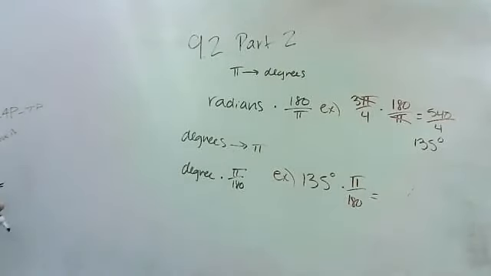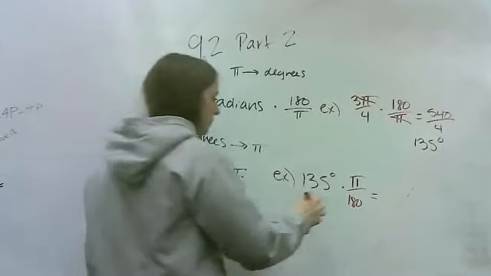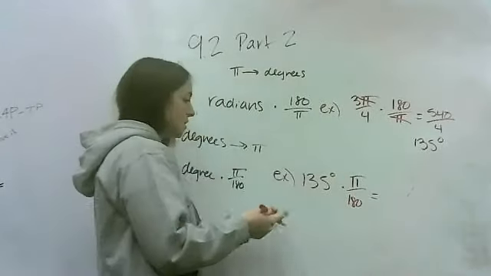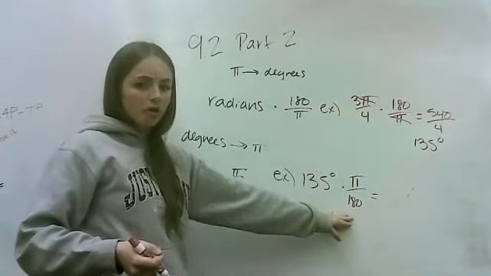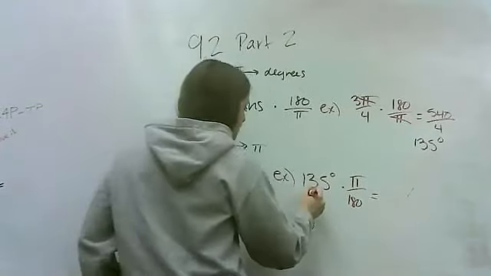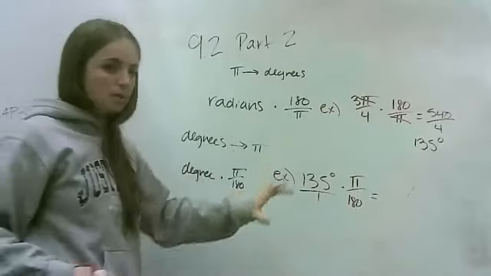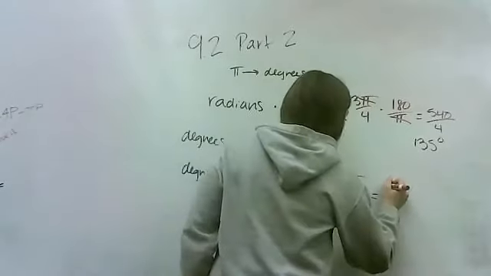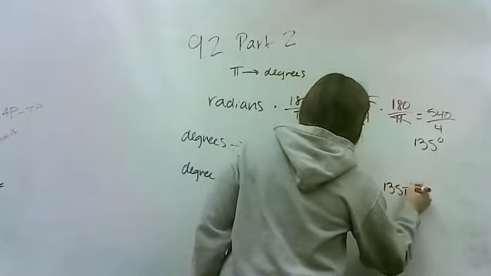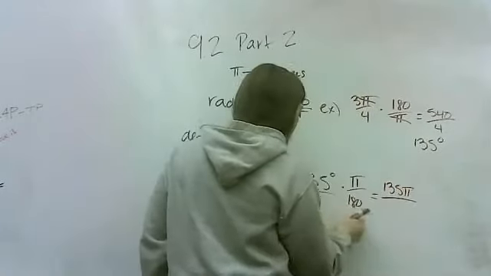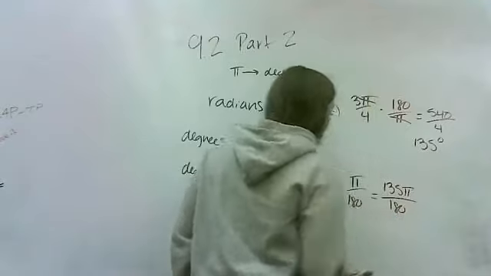When we do that, we say, okay, this is a whole number multiplied by a fraction. So you can write this as 135 over 1 and multiply fractions straight across. 135 times pi is 135 pi, and 1 times 180 is 180.